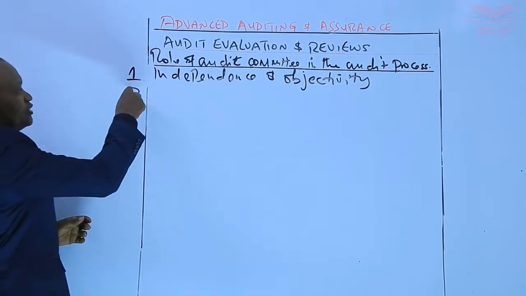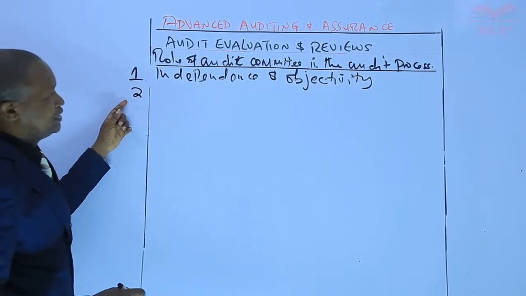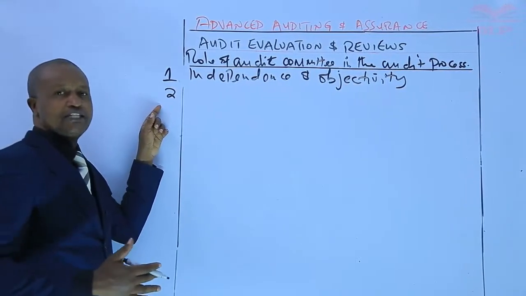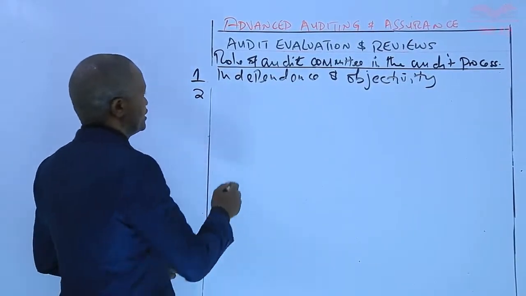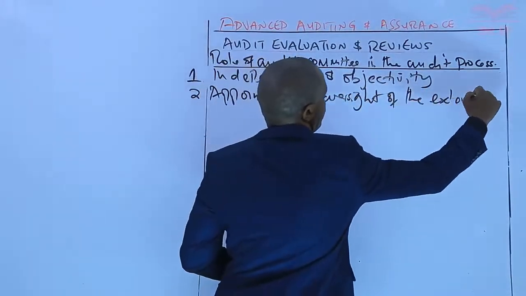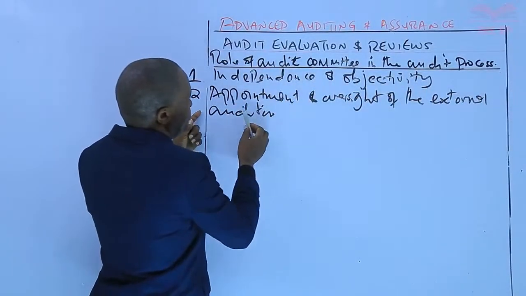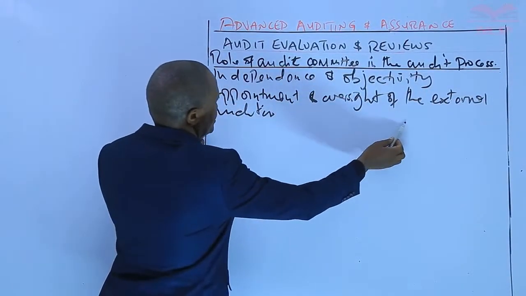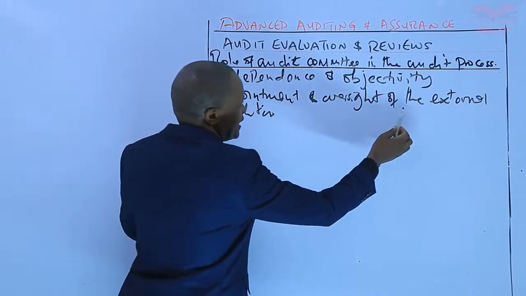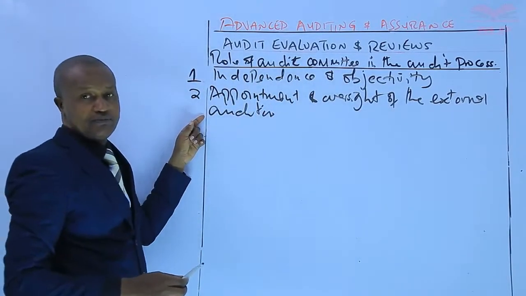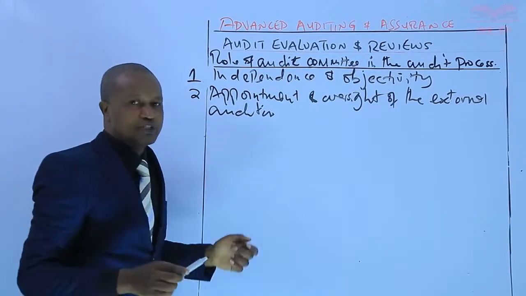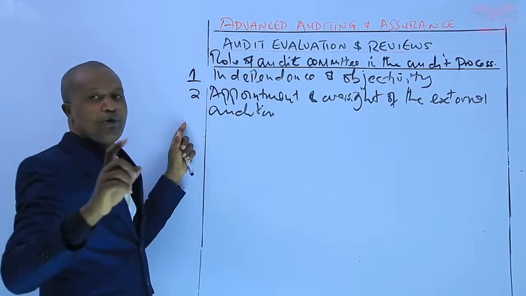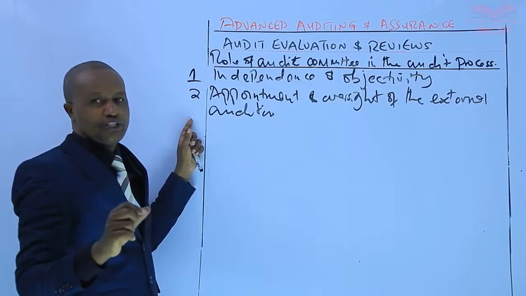Another role that the audit committee plays in the audit process is the appointment and oversight of the external auditor. The audit committee appoints the external auditor. The audit committee also oversees the external auditor. The audit committee is responsible for the selection and the appointing of the external auditor.